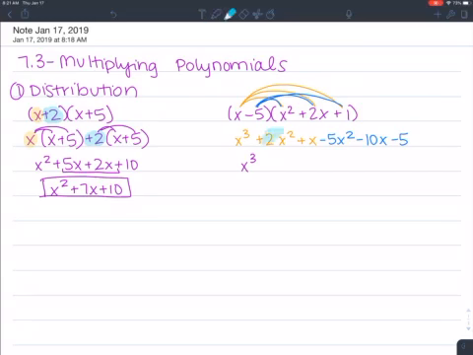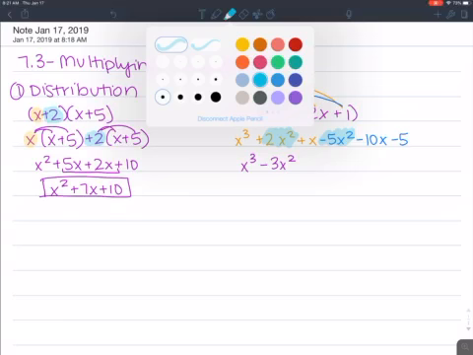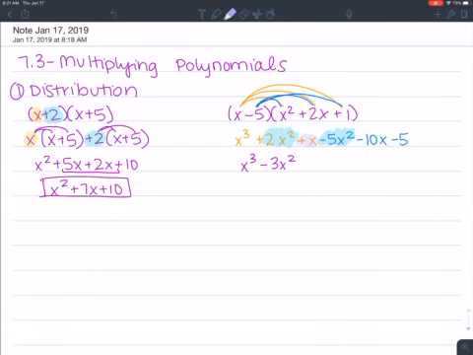And then 2x squared and negative 5x squared are like terms, so those are negative 3x squared. And then I also have like terms with x and negative 10x. So if I add those, then I get negative 9x and minus 5.